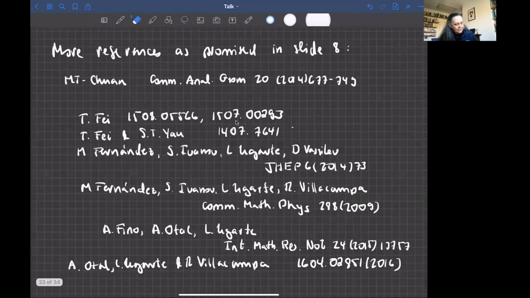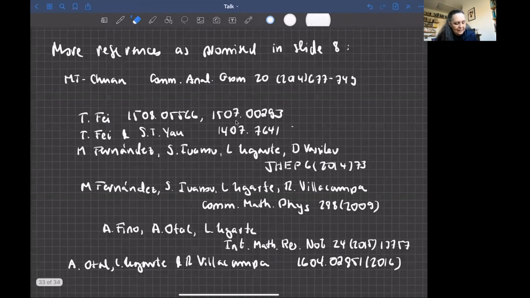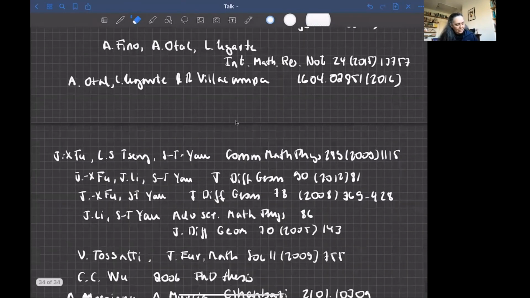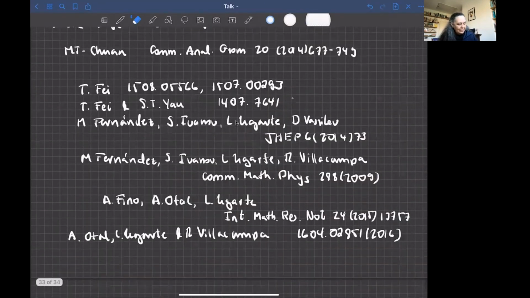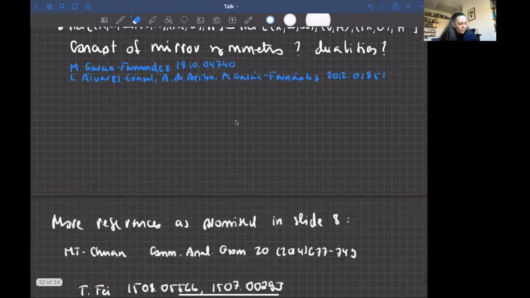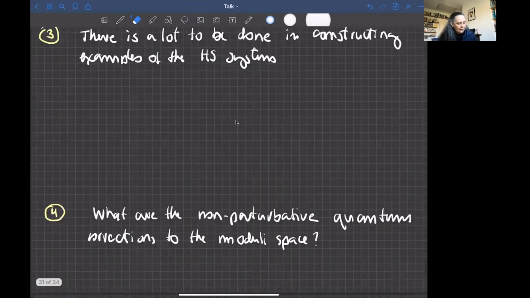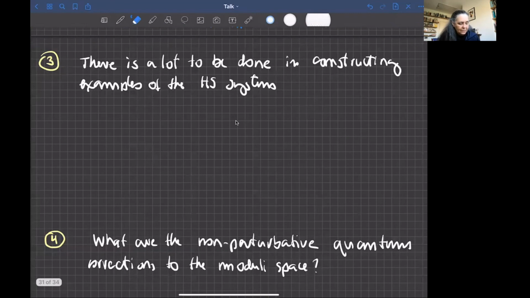There are more references, as promised, in slide 8, but also in this slide. These are of course not exhaustive. There are many people who have been doing work on this in the last 15 years, in fact.